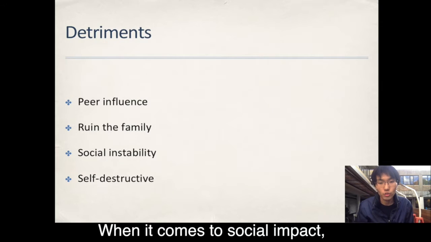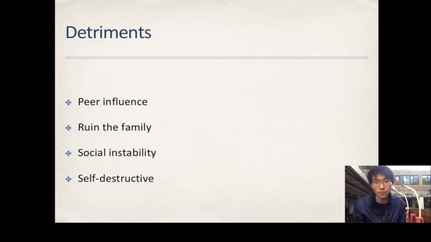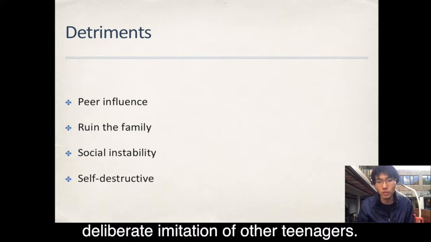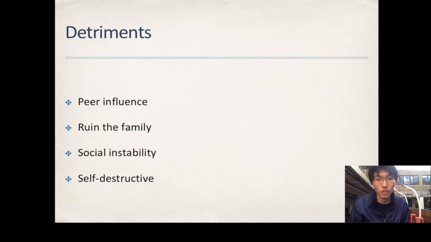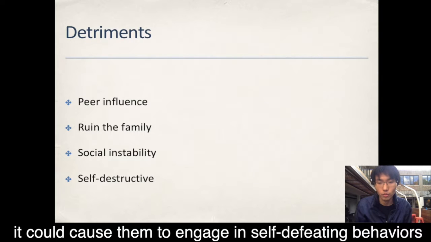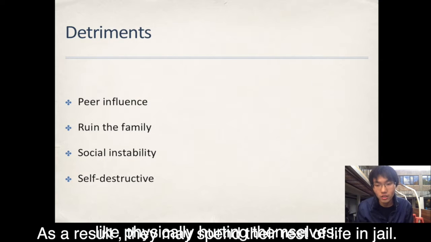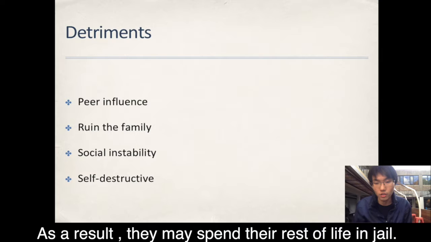When it comes to social impact, teenage crime would aggravate social instability, sometimes leading to the deliberate imitation by other teenagers. For the individual, it could cause them to engage in self-defeating behaviors like physically hurting themselves. As a result, they may spend the rest of their life in jail.